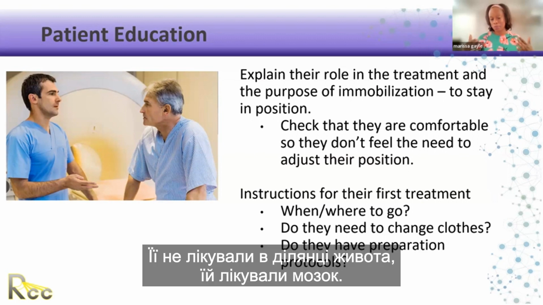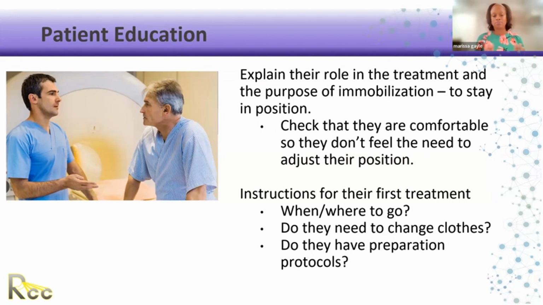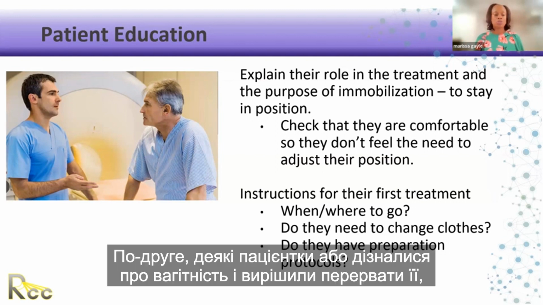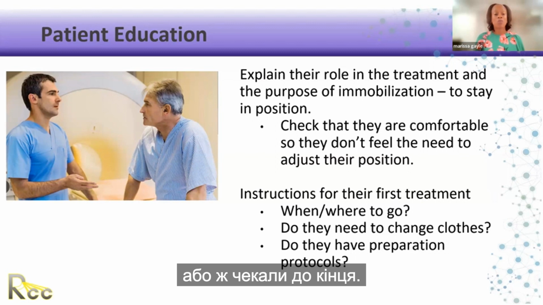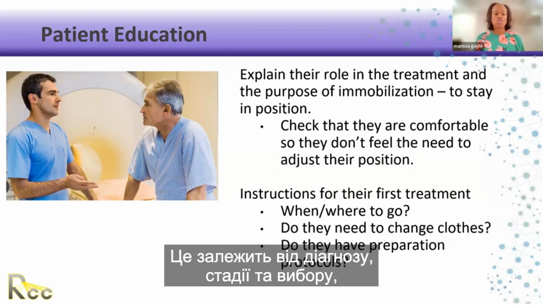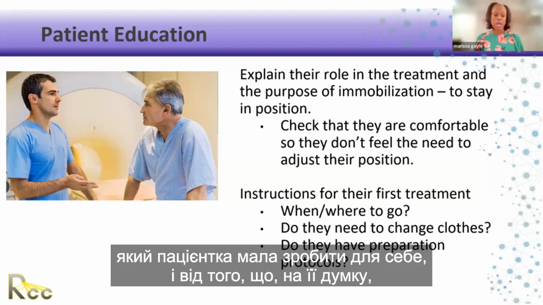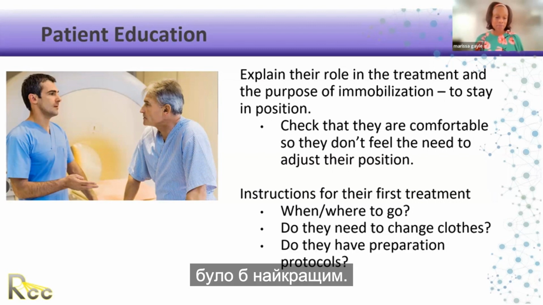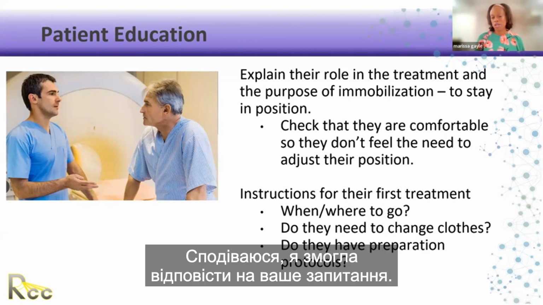We were treating something in her brain. So that was number one. Number two, some patients have found out and chosen to end the pregnancy, or some have waited until the end. It just depends on diagnosis, staging, and the choices the patient had to make for themselves and what they felt would be best. I hope I was able to answer your question.